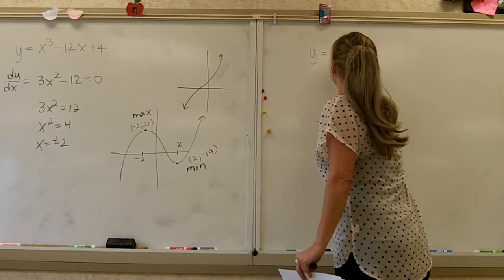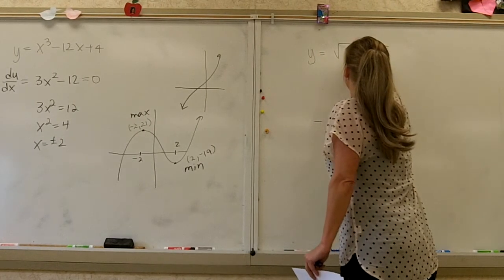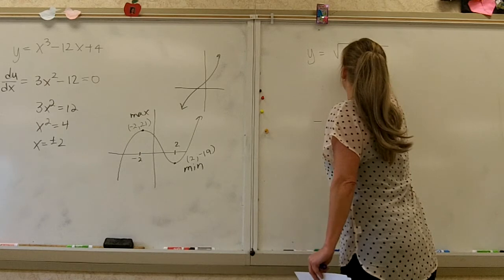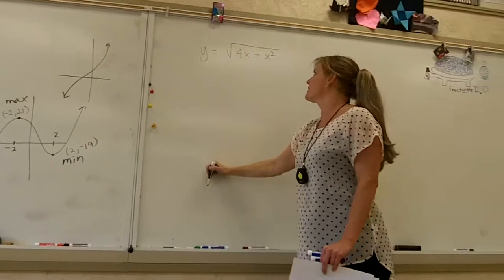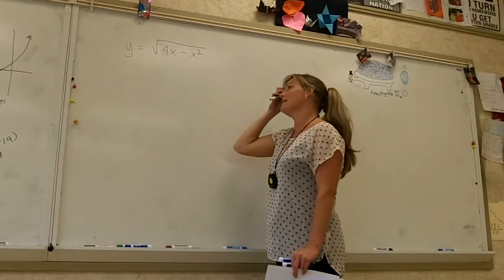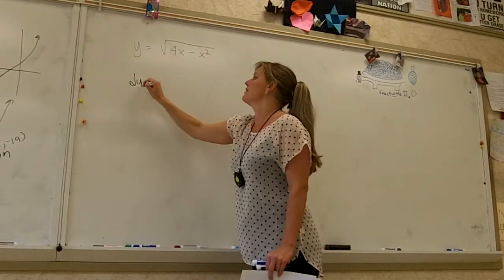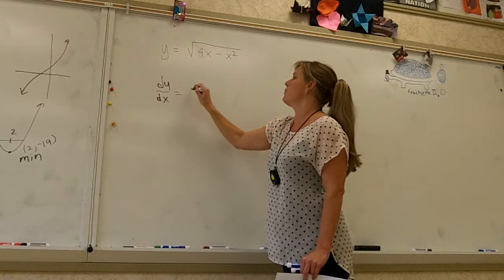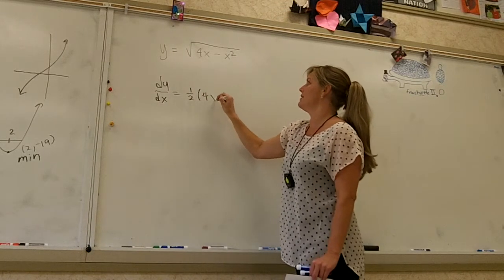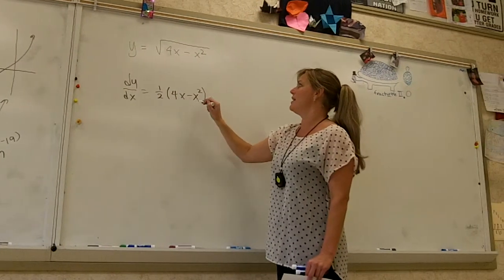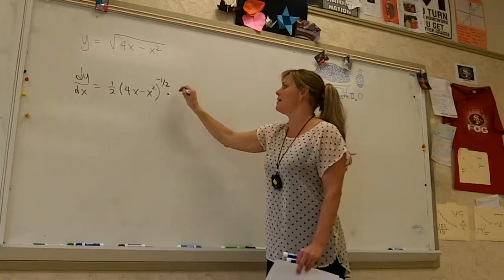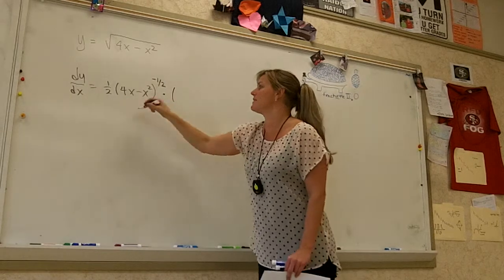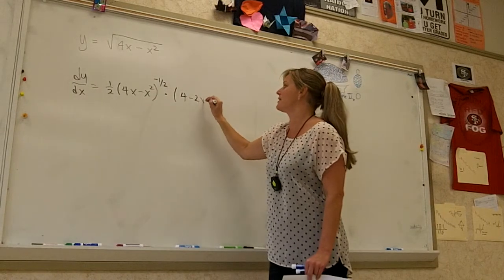So y is equal to the square root of, let's say, 4x minus x squared. Okay, so this derivative is a little bit harder to take. So 1/2 times all this stuff raised to the negative 1/2, and then times the derivative of what's inside here, so that's 4 minus 2x.